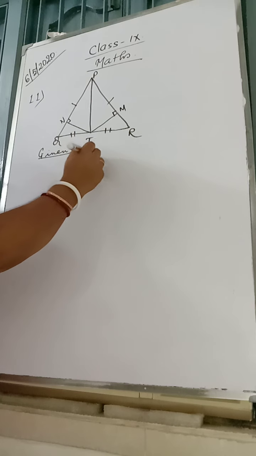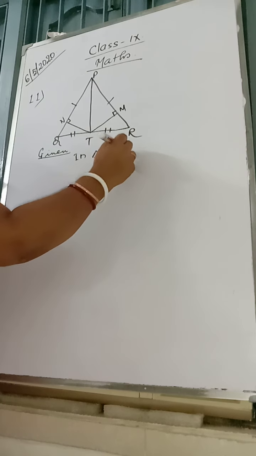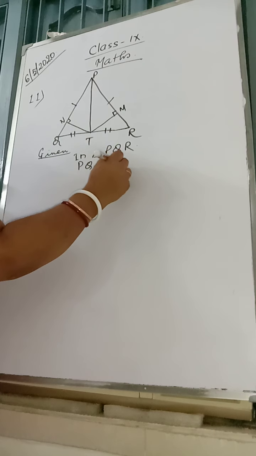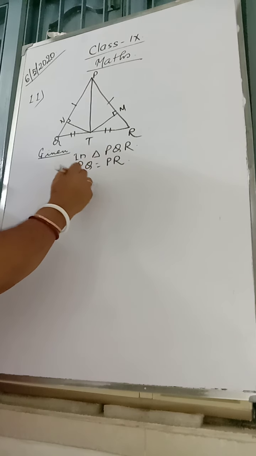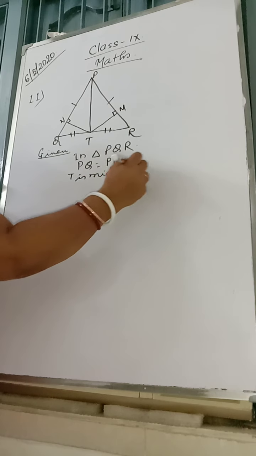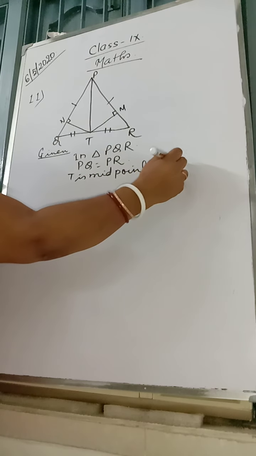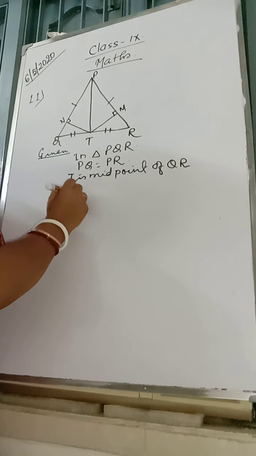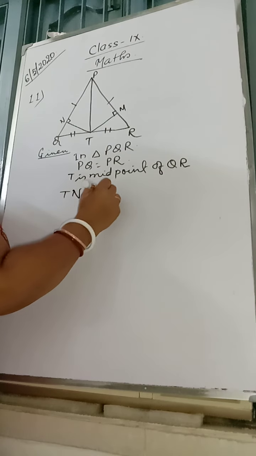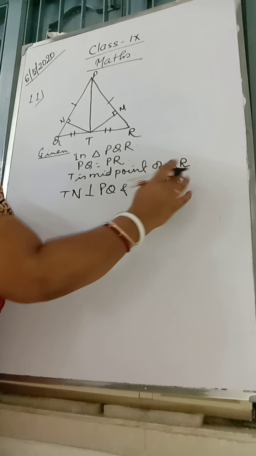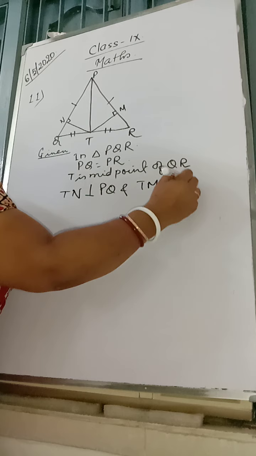In triangle PQR, PQ is equal to PR, T is a midpoint of QR, TN is perpendicular to PQ and TM is perpendicular to PR.